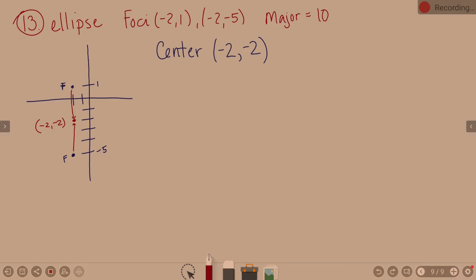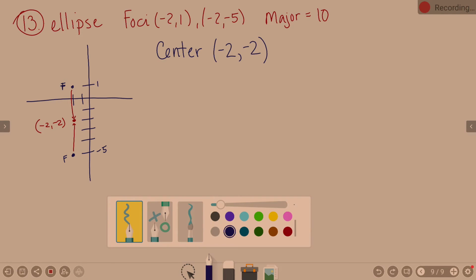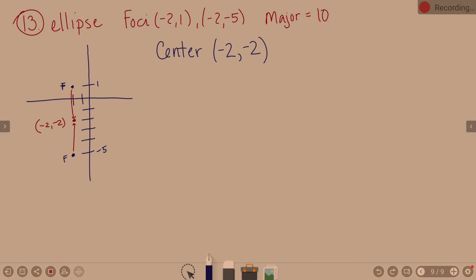Now, we're going to need our A and B, yes? Major axis tells me what? Tells us our A is 5. Because if you look on your blue paper, it says major axis 2A.